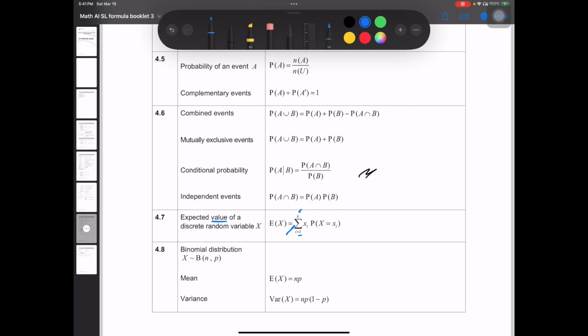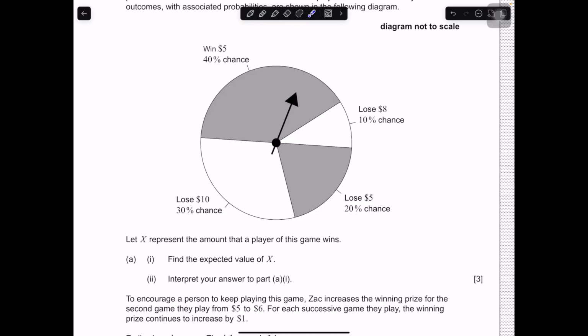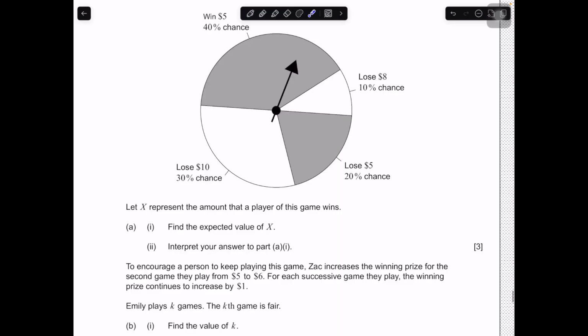We're taking the sum of all the events and multiplying the probability of occurrence times the value that we could either win or lose. So when we're talking about this situation, we have a 40% chance of winning $5, 10% chance of losing $8. If we sum up all of the probabilities multiplied by the return, then we would have in some sense a weighted average and our expected return.